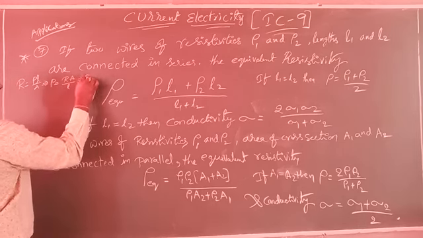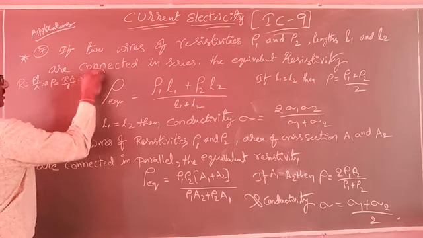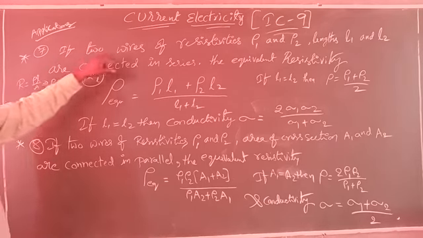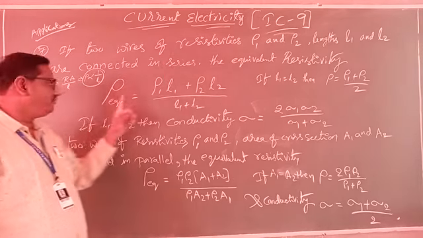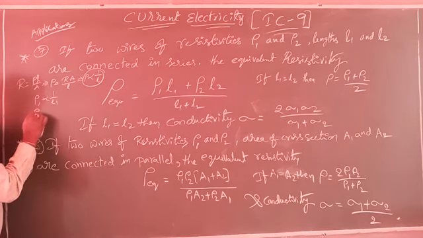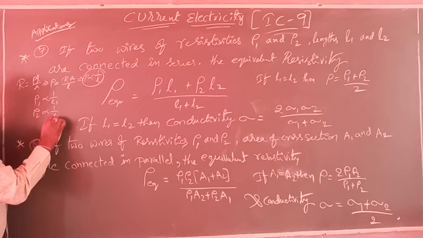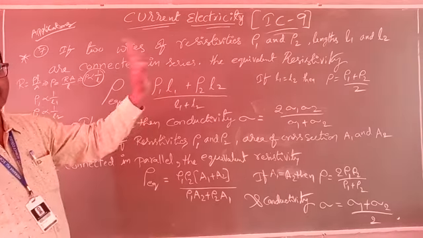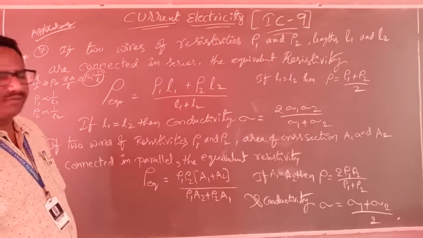Now rho is proportional to L. Now in this case I have two wires of different resistivities. First wire will be rho 1, proportional to L1. Second wire will be rho 2, proportional to L2. Because here only lengths are considerable.